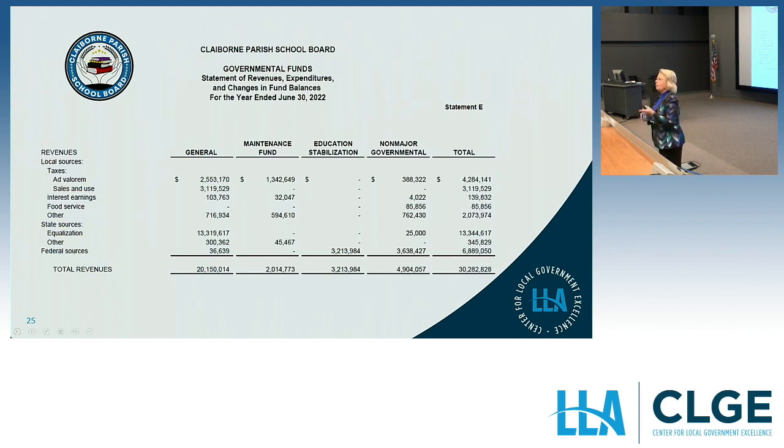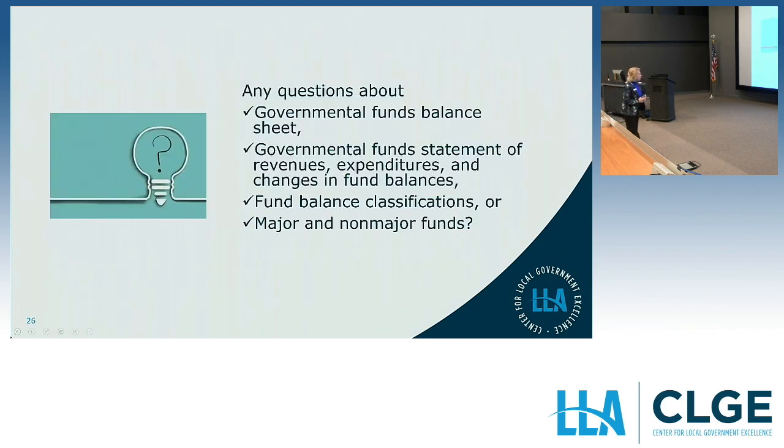Okay, and it can be borne out by when we see what the expenditures are. The education stabilization, there they go under state sources, federal sources. They have $3.2 million in that. You know what that is? It's a federal grant. Okay, so where does that go? Special revenue fund. So you see, even if you can't tell by the title, when you take a little bit deeper dive, you can tell by what's going on in the line items. I mean, this is so cool. This is so cool.